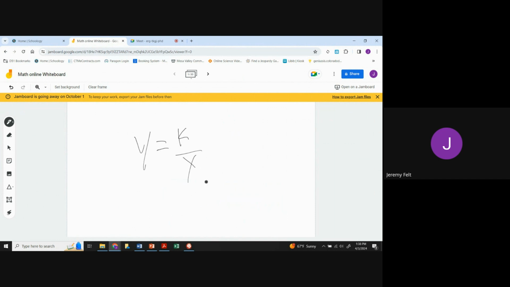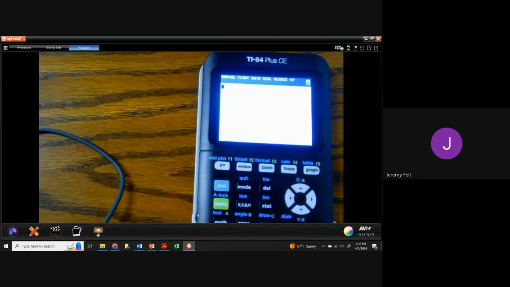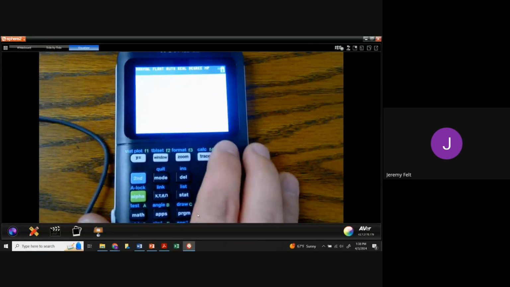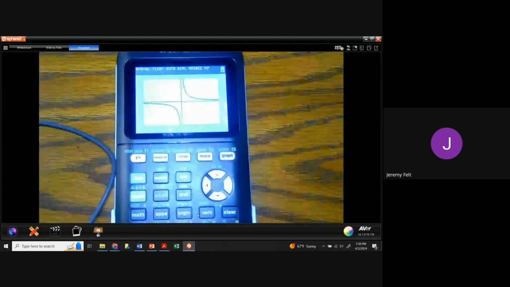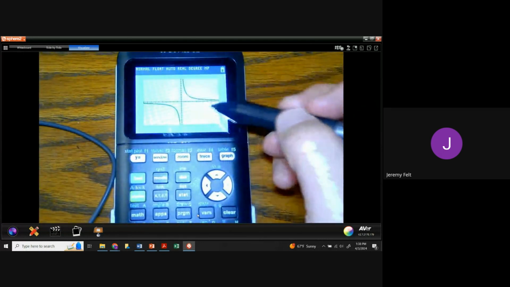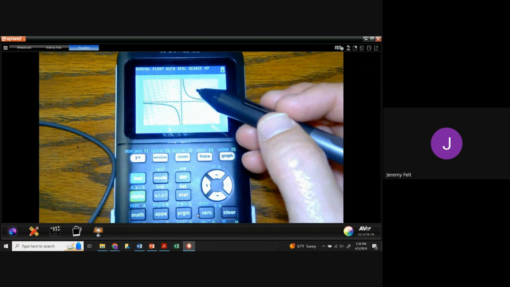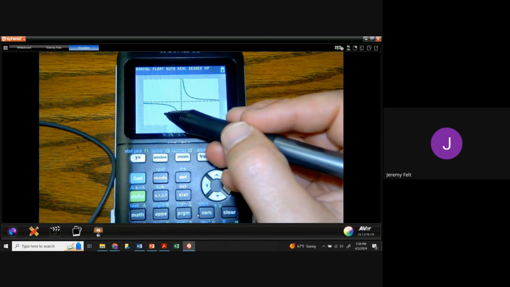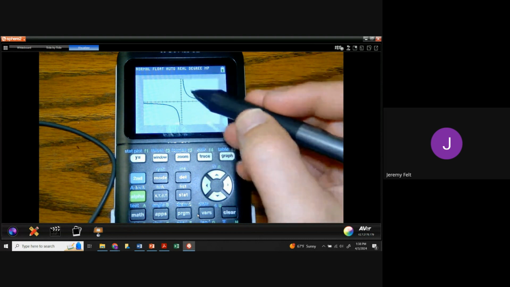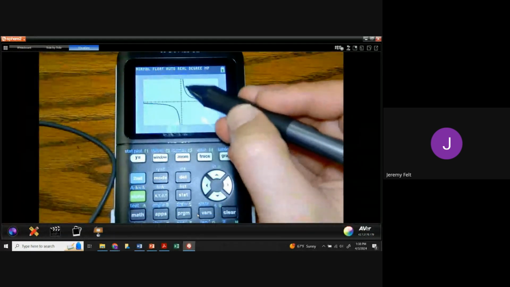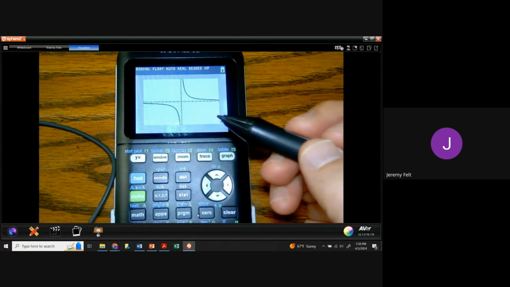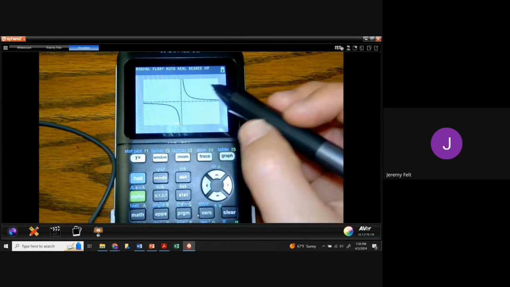But when we have an inverse relationship and we look at it in a graph, let's just say 5 divided by x, and then we go in and graph it, we get these two shapes. We usually focus on the first quadrant for real world examples, but it also appears here in the third quadrant. As we notice here, it's getting ever so closer to our x and y axes, but it never actually touches or crosses those.